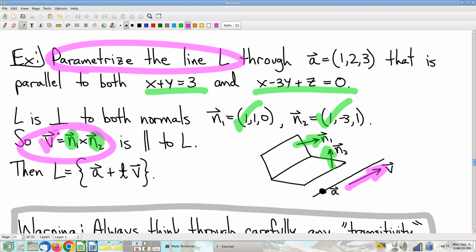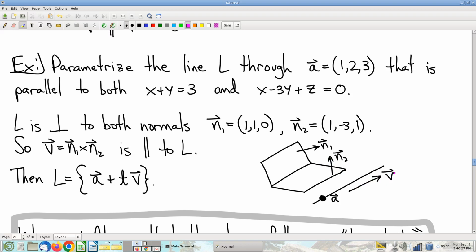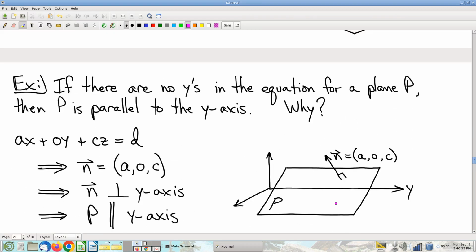Okay, now I did a couple of moves here that I want to comment on directly. What I'm going to call a couple of transitivities, kind of. I put that in quotes because I don't want to be precise about this. But going back to this first example, I made the observation that the plane is perpendicular to the normal vector, and the normal vector is perpendicular to the y-axis.